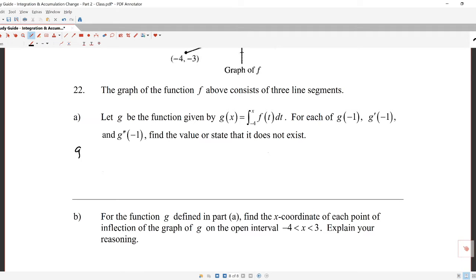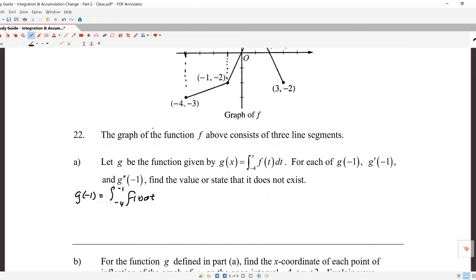So let's start with g of -1. I'm just going to plug it in for the x. So this is the integral from -4 to -1 of f of t dt. Let's scroll up and take a look. From -4 to -1, we see that this function is a trapezoid.